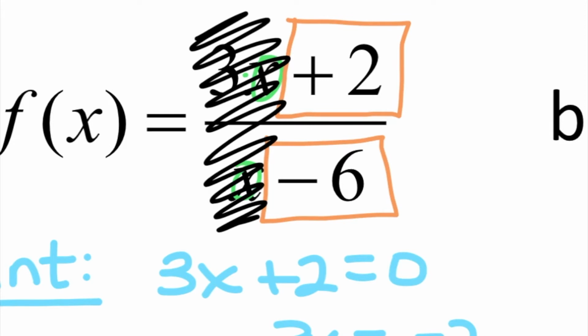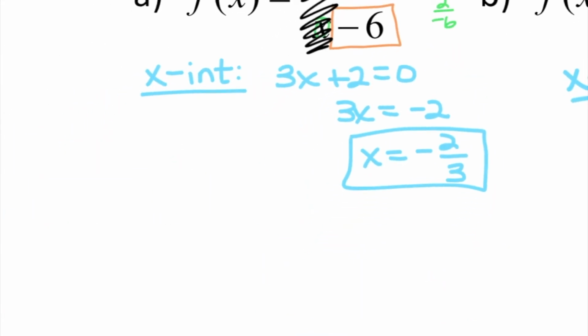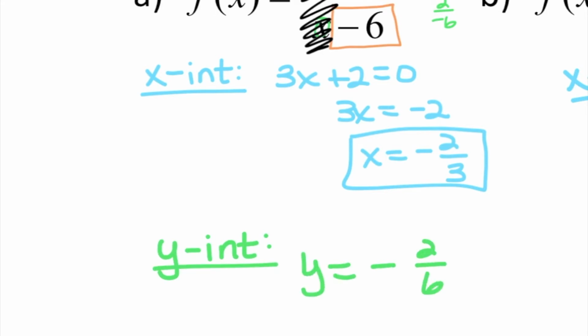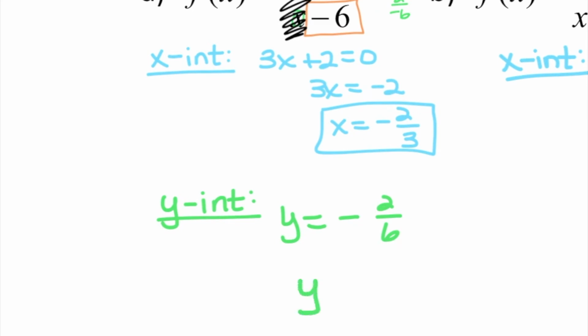All you're looking at here is the fraction 2 over negative 6. So your y-intercept here is going to be y equals negative 2 over 6. But of course, you have to reduce all fractions, and so that's going to be negative 1/3.